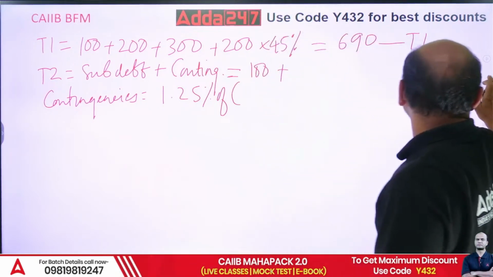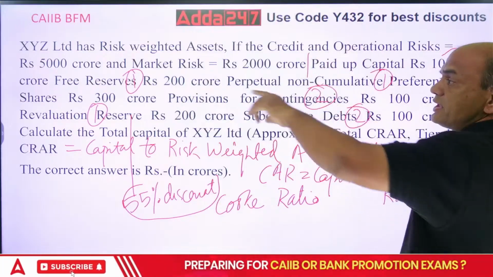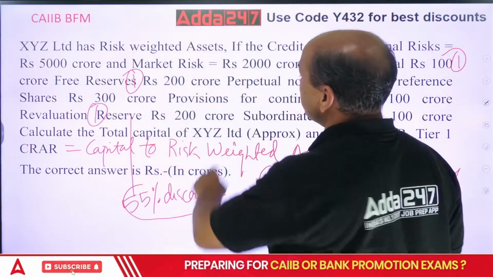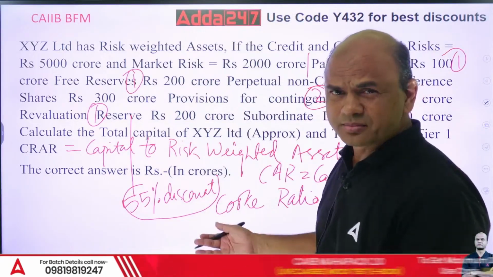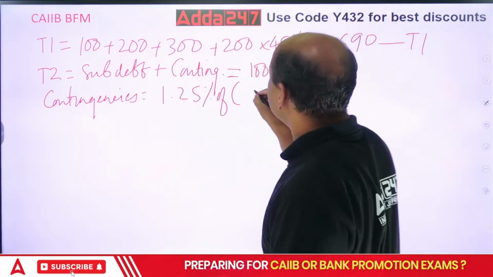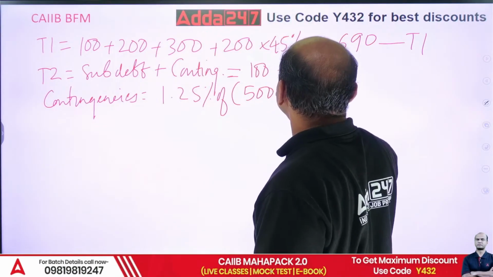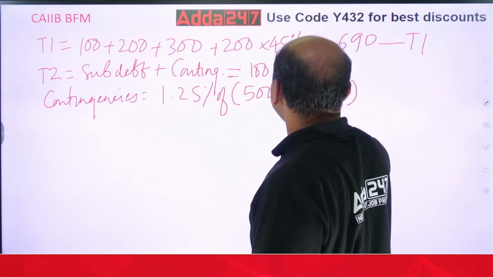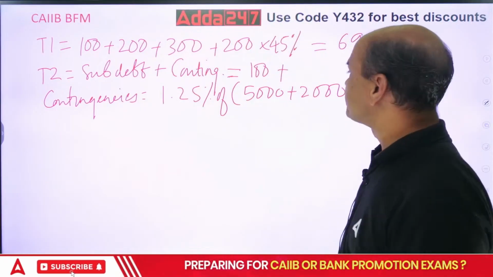What is given? Let's see. Risk-weighted asset for credit and ops together is given as 5,000 CR. And for market it's given as 2,000 CR. So add them, 5 plus 2. So it is 5,000 plus 2,000, so 7,000. 1.25% of 7,000.